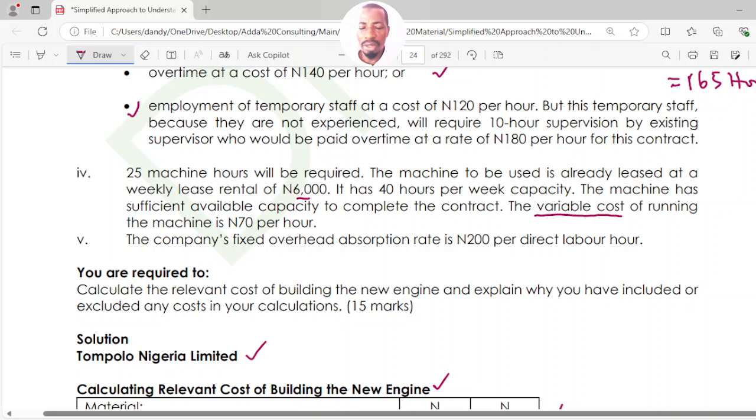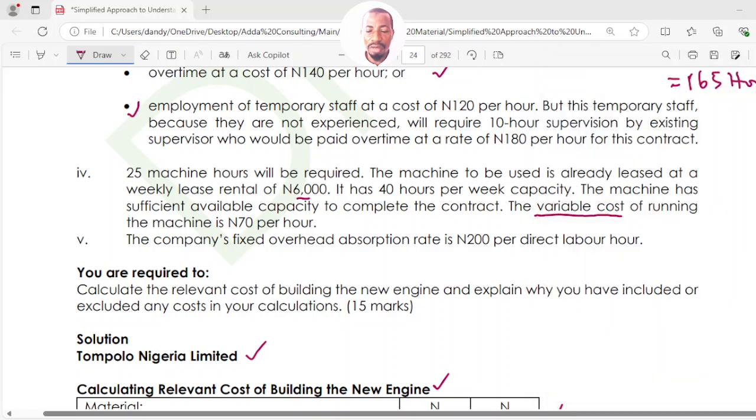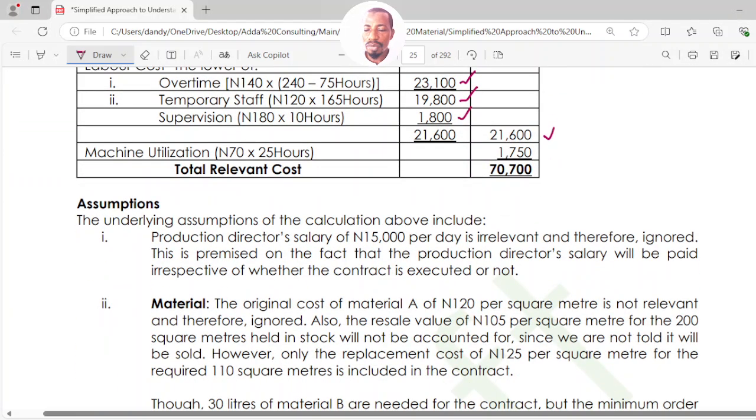The variable cost of running the machine is 70 naira per hour. Therefore, I will say 25 hours that I need multiplied by 70 naira equals 1,750. 1,750 is the relevant cost of the machine utilization. So I will go and post it. 1,750, that's what we have here.